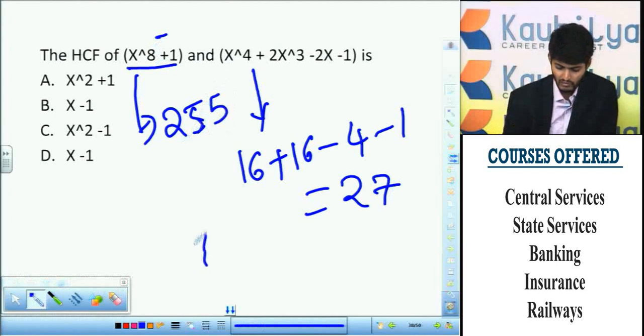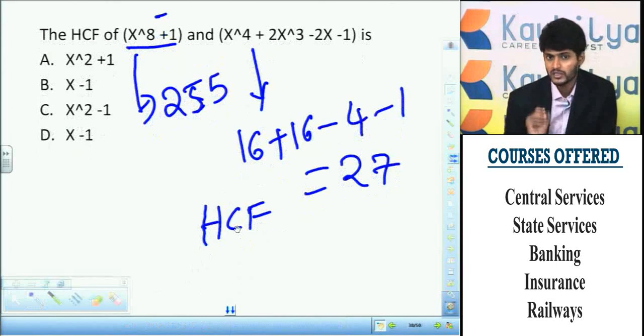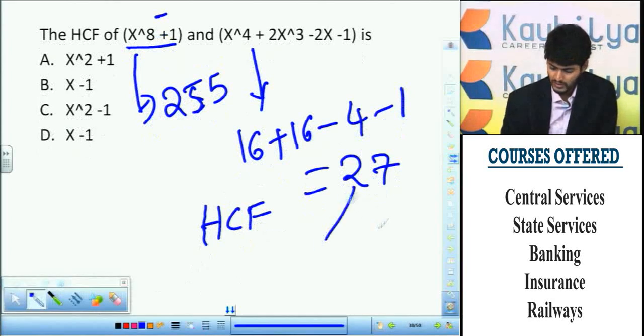As you might be aware, the full form of HCF is highest common factor. So of all the factors that 255 and 27 have, which would be the highest? As you can see, 27 is divisible by 1, 3, 9 and 27, because the factor has to be common.